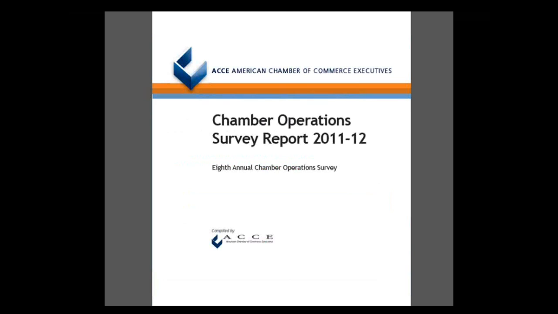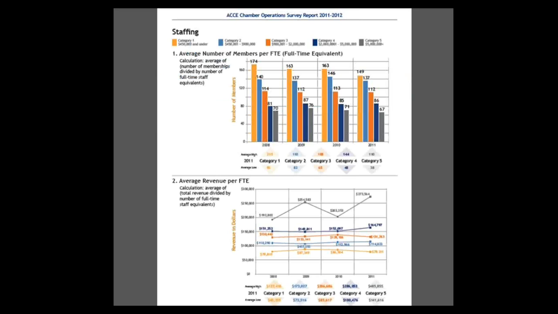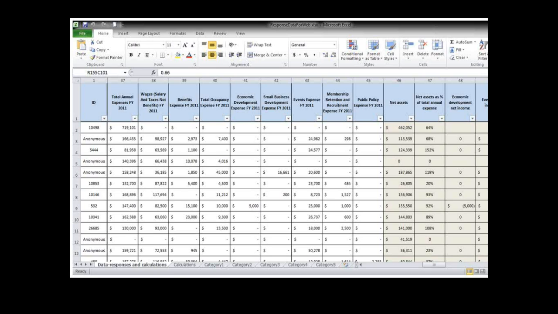To show our appreciation that you took the time to complete the survey and to encourage participation, we offer the following products to all survey participants. This full PDF publication of the Operations Survey Report has been completely revised to make it easier to read and more visually appealing to participants. We also have a spreadsheet of all survey responses and calculated measures from all chambers reporting.